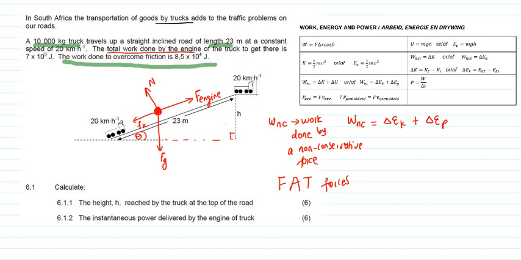Friction is a non-conservative force, A is applied force, and T is tension. Those are your non-conservative forces: friction, applied force, and tension.